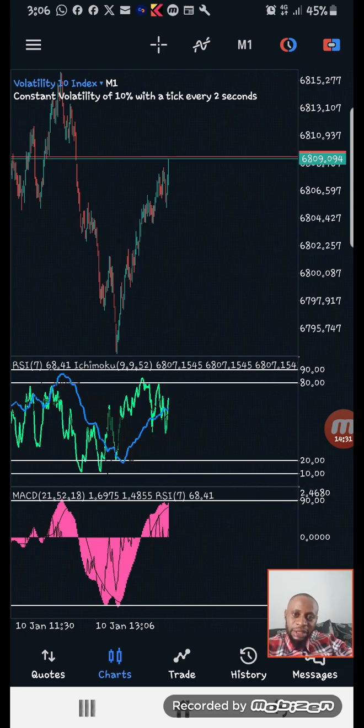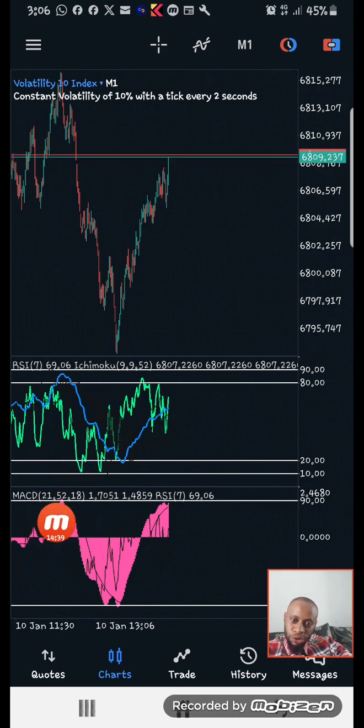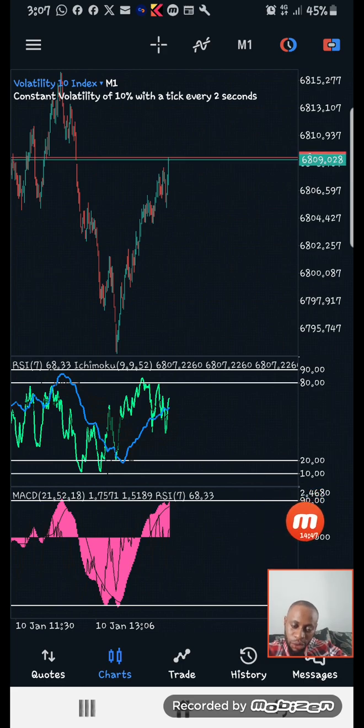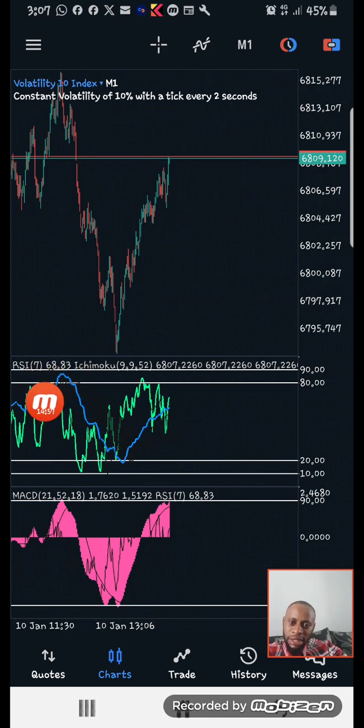For instance, you see here the MACD broke out at the overbought level and closed above this overbought level. And then you see that the Ichimoku also was at the overbought level in the indicator window 1.